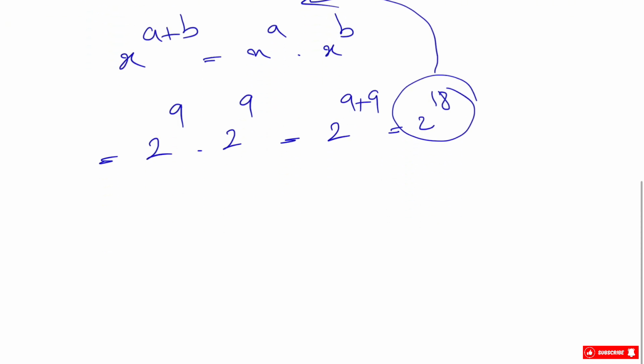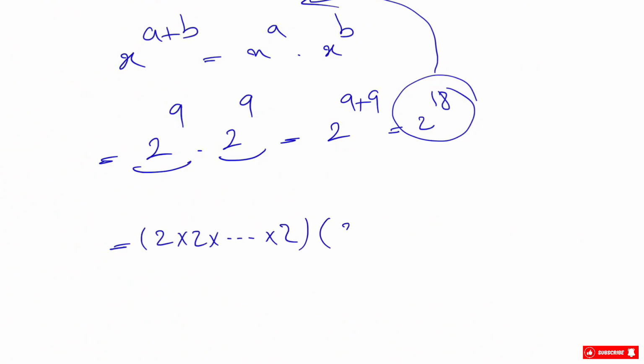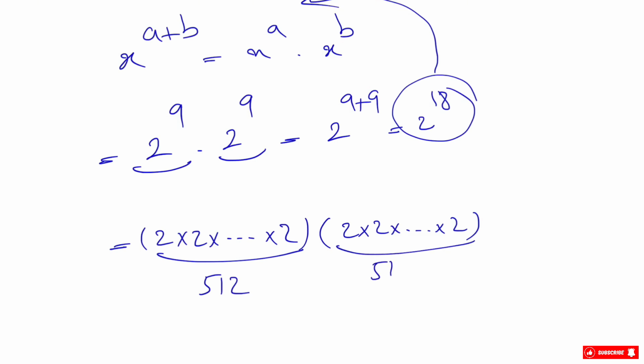So all we need to do now is find 2 to the power of 9, which means 2 times 2 times 2, 9 times, and same in here. And we know this will be 512, and this will also be 512.